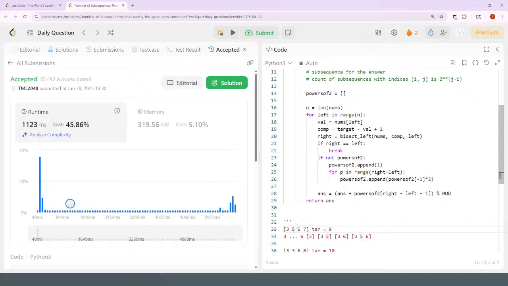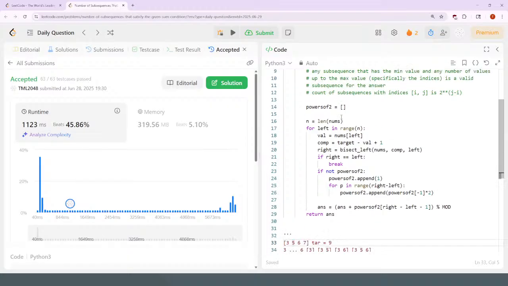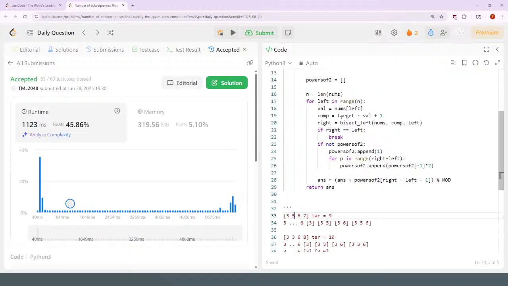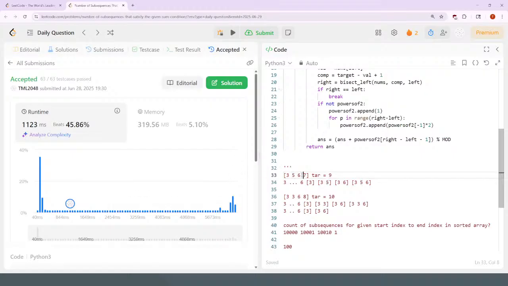Oh, maybe I'm just thinking about this wrong. So if you think about where the smallest is, that's going to be powers of 2. 6 goes to 3, 5 goes to 3, 4 goes to 3, 3 goes to 3.